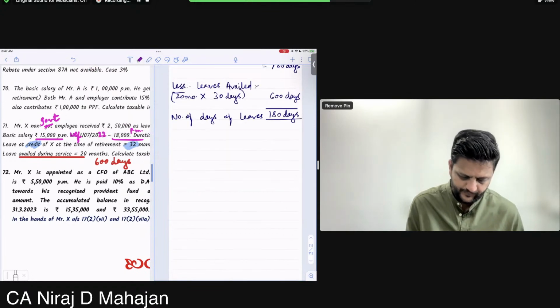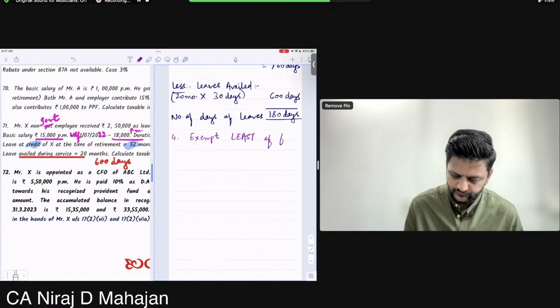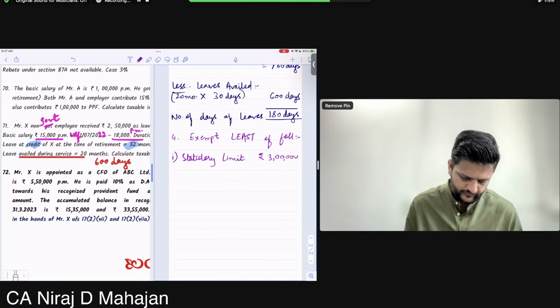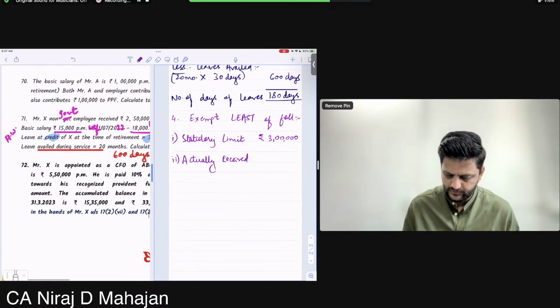Point number 4. Exempt least of the following. Did you get the same answer? First, statutory limit 3 lakhs. Then actually received, 2,50,000.